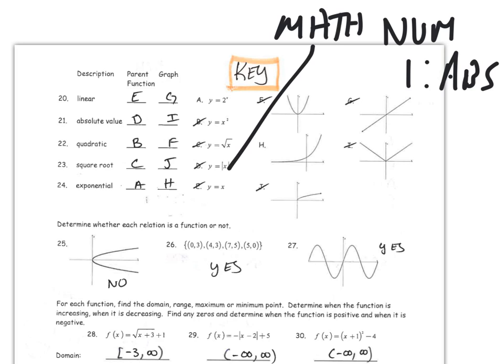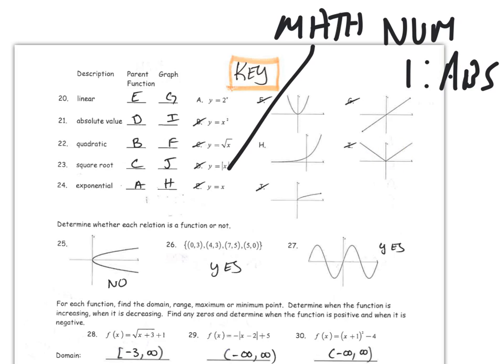If you use the old TI-83, you're going to get an ABS and not the goalposts. Okay, so where are we at? Absolute value. Oh, the absolute value parent function is D. That's the absolute value, and its graph is I.